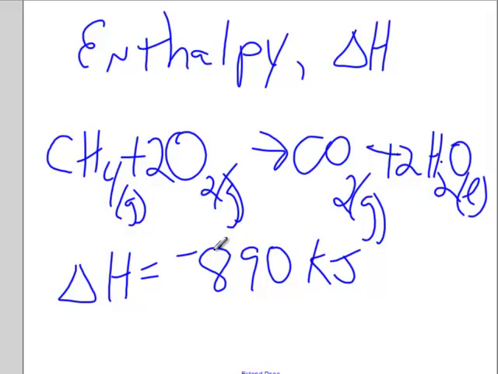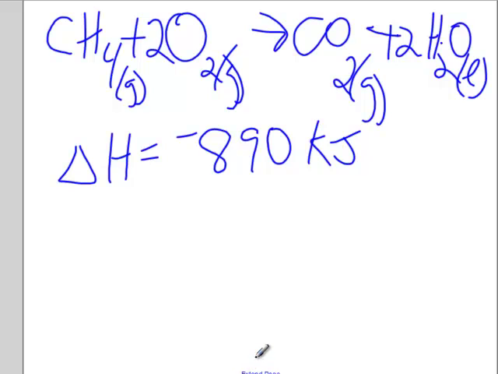Now, enthalpy is what they call an extensive property. That is, it depends on amount. So, it's negative 890 kilojoules for a mole of methane. If I had, say, 2 grams of methane and I wanted to know what the enthalpy was, I can actually do stoichiometry.